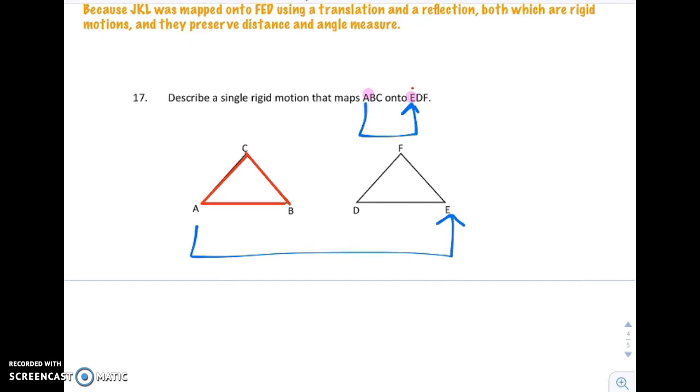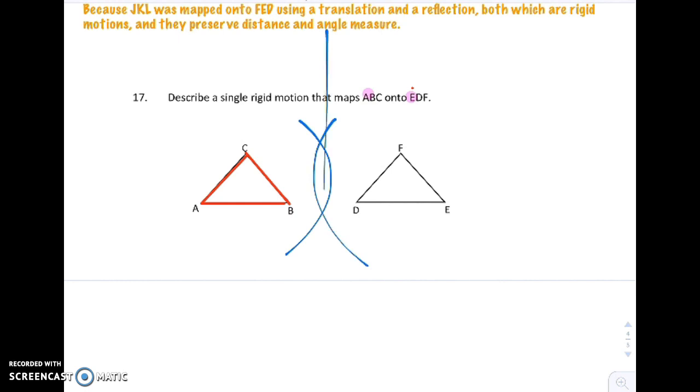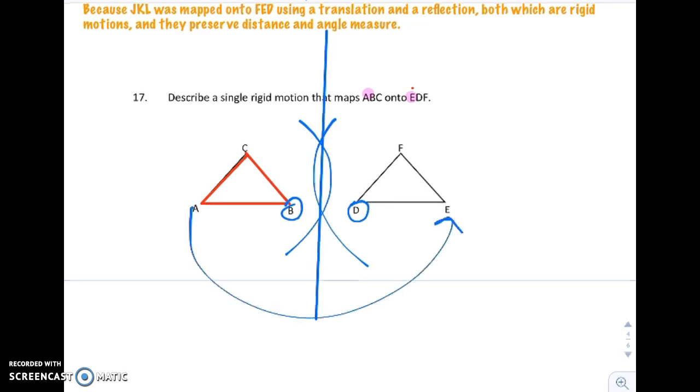We have to get A onto E, which means there has to be a line in the middle that you reflect over. And that line in the middle is the perpendicular bisector of BD. So you are reflecting triangle ABC over the perpendicular bisector of BD such that A will eventually map onto E.